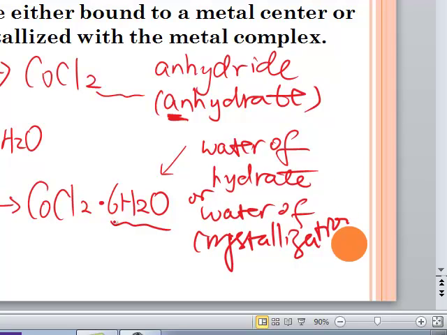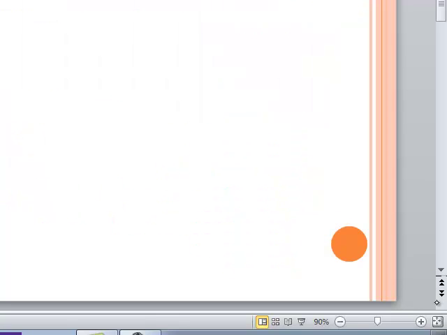As you can see, there's a very specific number associated with the water molecules incorporated into each unit of this anhydrate. So we've got to come up with a system to name the hydrate, going from the names to the formula, and formula to the names.